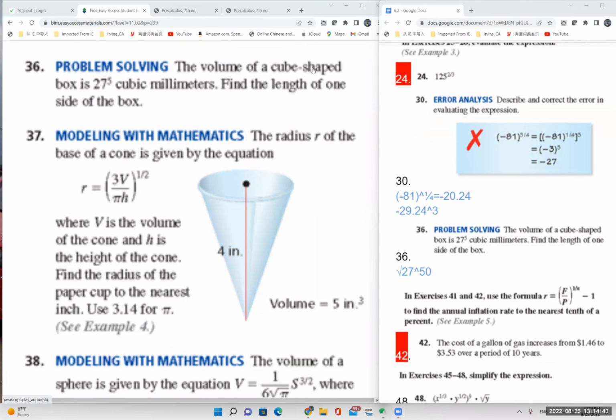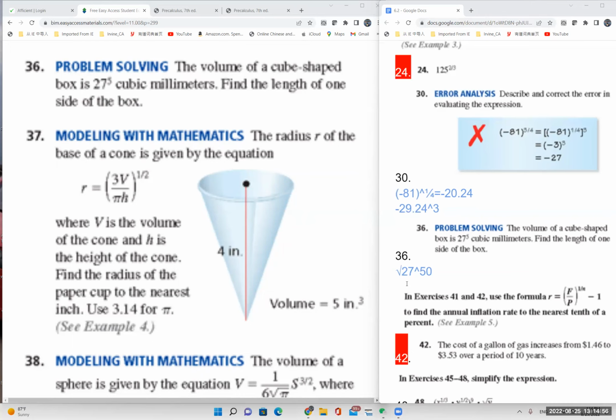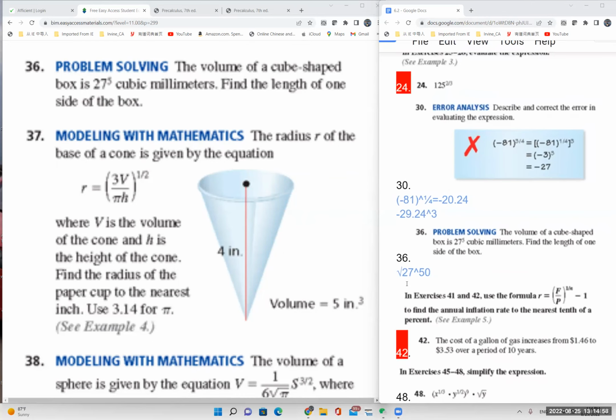The volume of a cube-shaped box is 27 to the fifth power, right? 27 to the fifth power. So why you have this? Oh, hold on. Why here go to 50? It's strange.